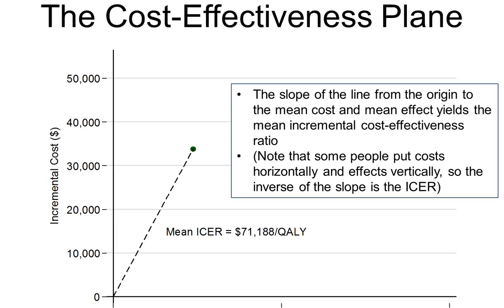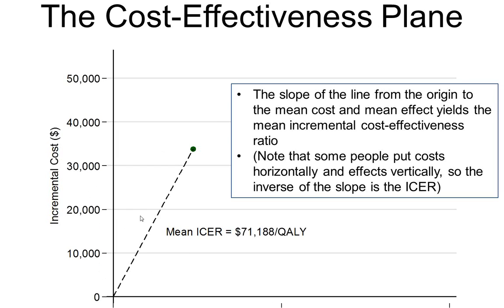So, and then I think when Rudy also covered some of this, but it's also very helpful to look at costs and effects on the cost effectiveness plane. And the cost effectiveness plane is a graph. And here I've shown you the x-axis being the incremental effect, and the y-axis being the incremental cost.